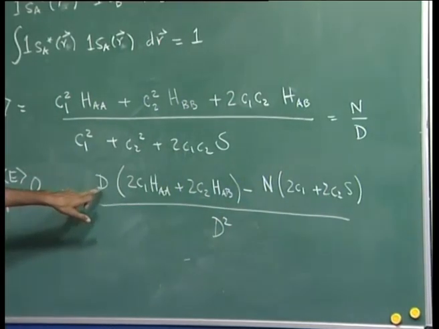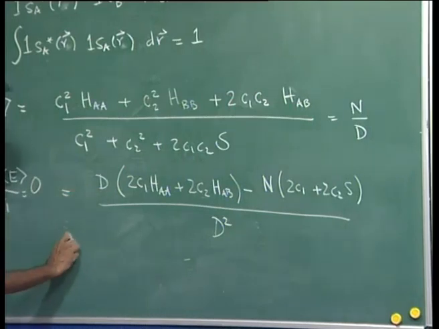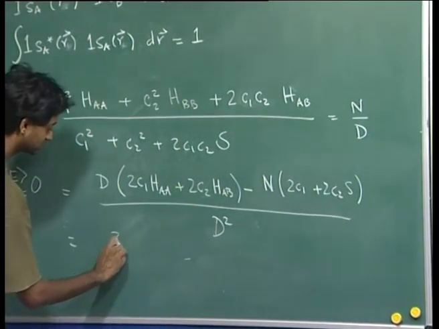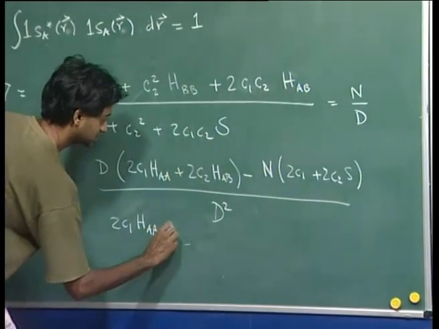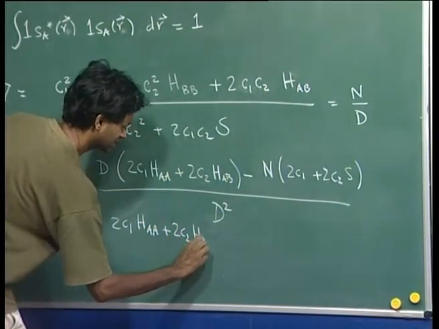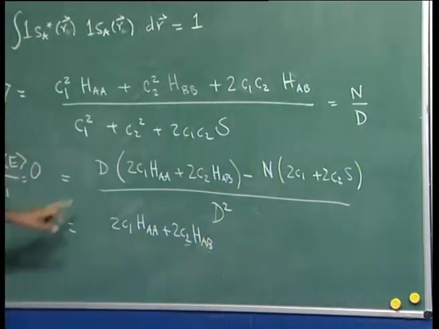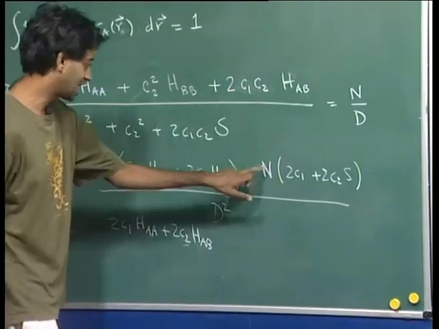I can take one of the squares of the denominator up, so I get 2 C1 HAA plus 2 C2 HAB, and then I have an N by D.